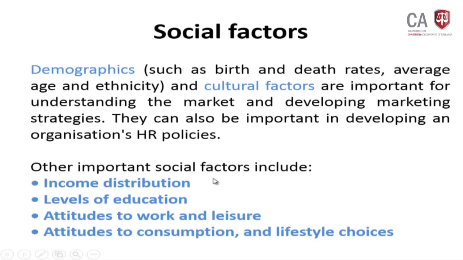So what decision has to be taken? Income distribution and attitude to work and leisure, and attitude to consumption and lifestyle choices. And regarding these lifestyle choices, most of the organizations are now looking at the lifestyle of the customers, how they behave, their habits, what are the items that they are going to buy. If they are going to a supermarket, the wife will buy some goods, but the husband will buy something else.